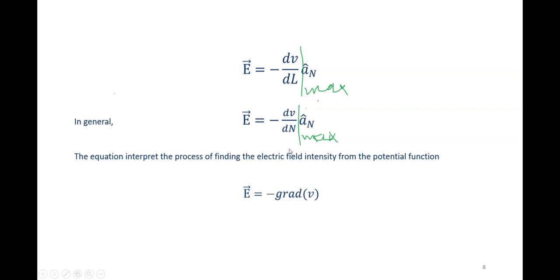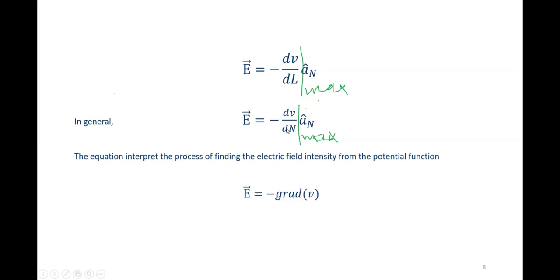This is in general, or you can write the above equation in this form, that is dV by dN having maximum value, and then in the a_n unit vector direction produces the electric field.